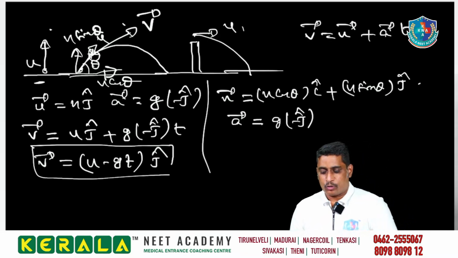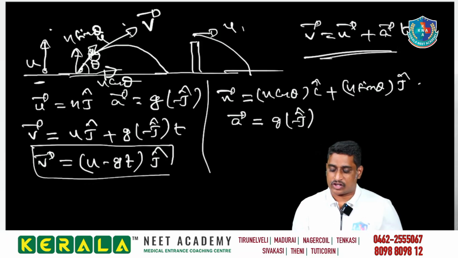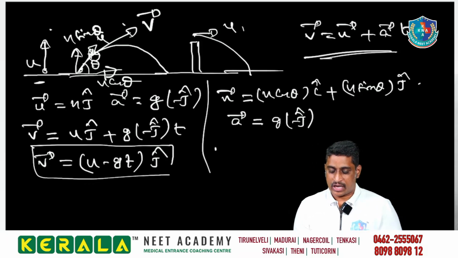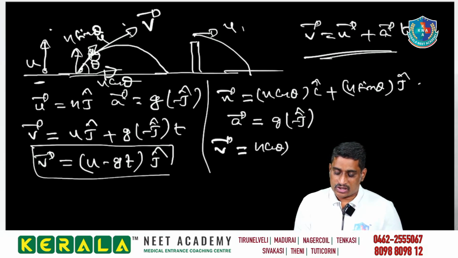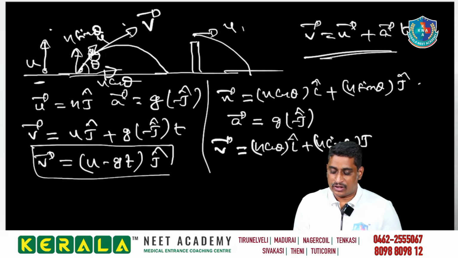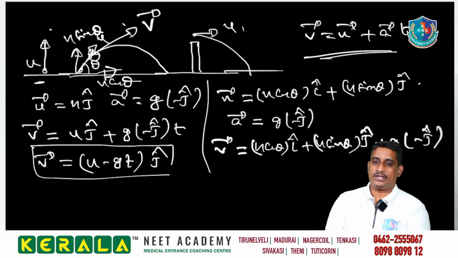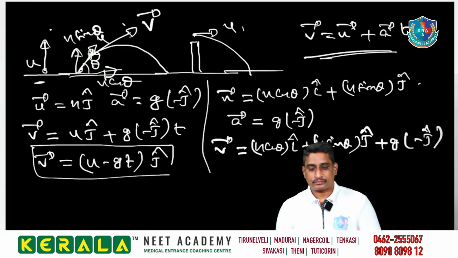So by substituting u bar and a bar in the basic equation, v bar is equal to u bar plus a bar into t, we can write v bar is equal to u cos theta i cap plus u sin theta j cap plus g minus j cap into t.